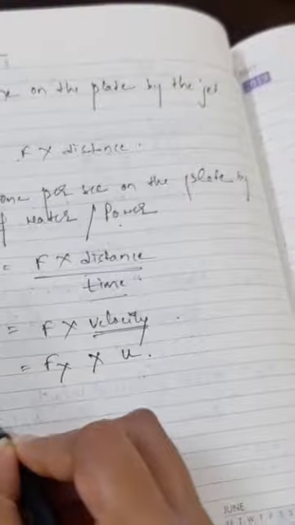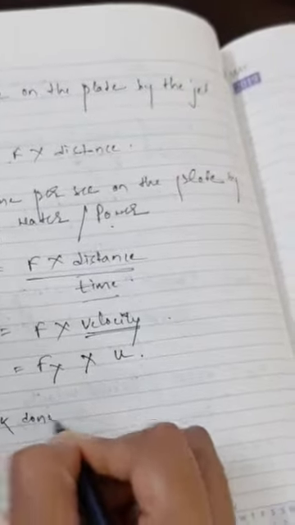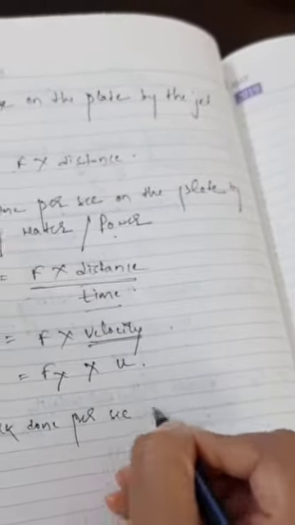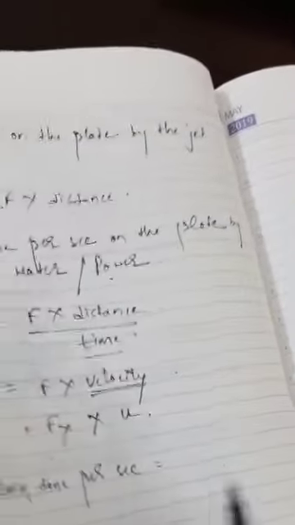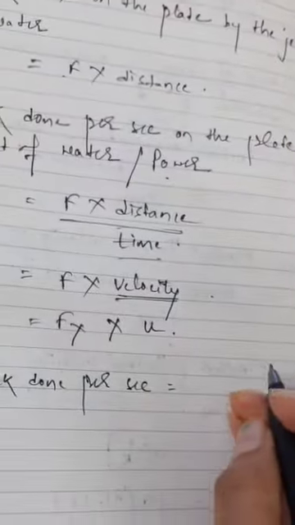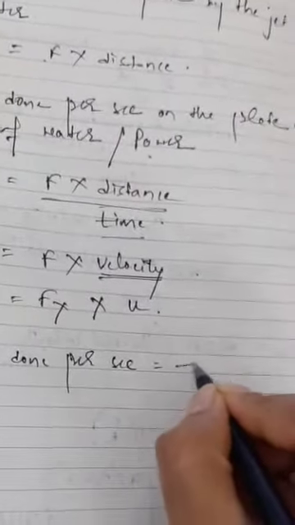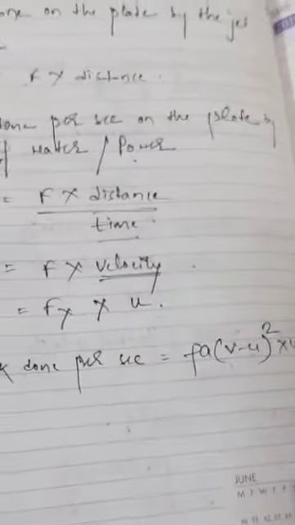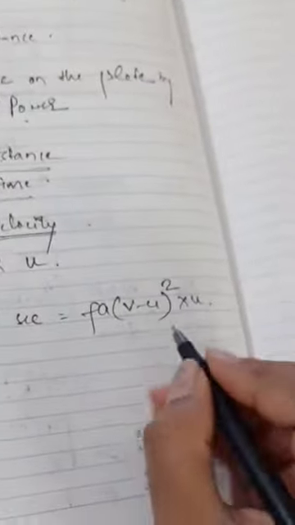That implies work done per second, as I have calculated Fx as rho A V minus U whole square, I will substitute in that place. Fx is rho A V minus U whole square into U. So this is my work done, and the equation number is 9.